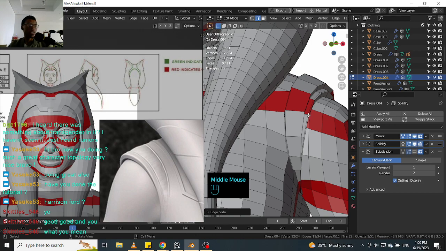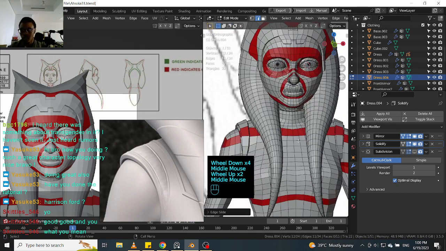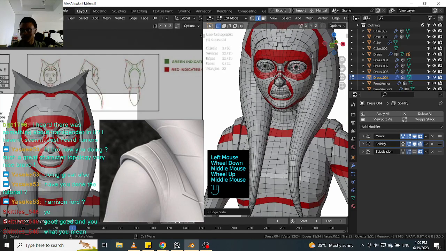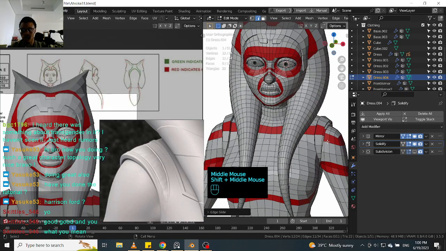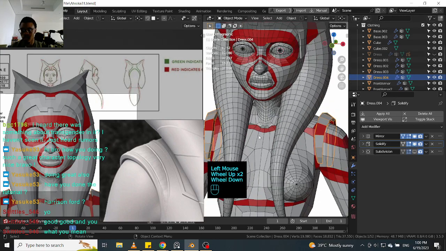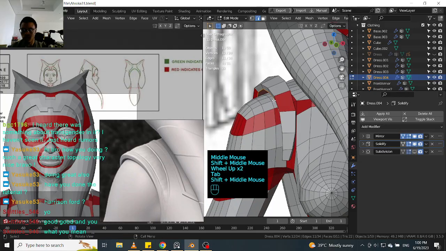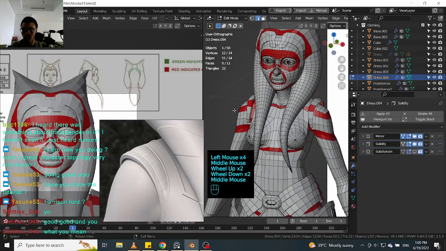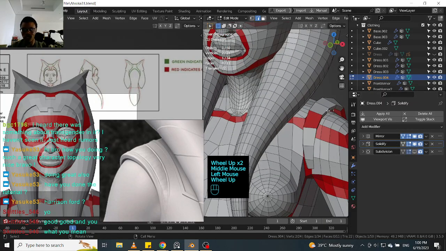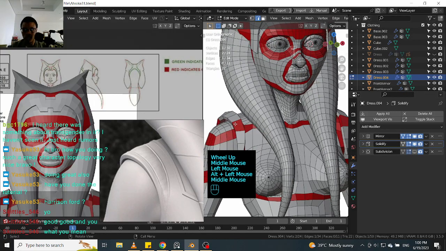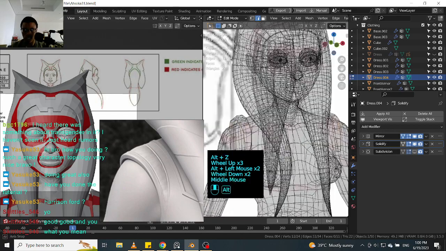What do you mean? Okay, so basically, let me just show you. Over here, the mirror modifier is applied, right? I shouldn't be able to select this, but yet I can do it.